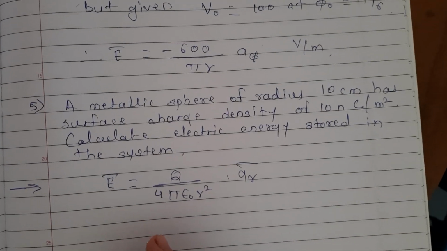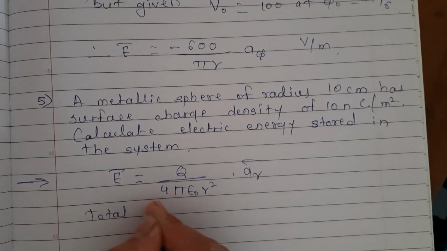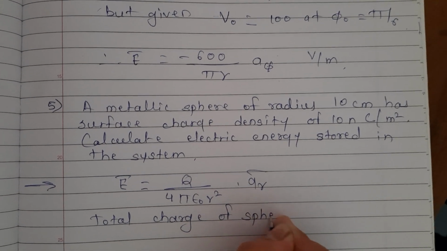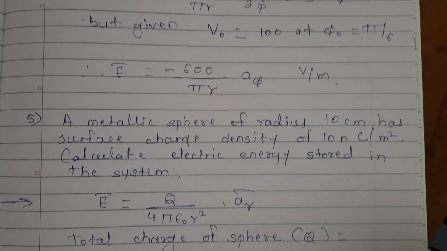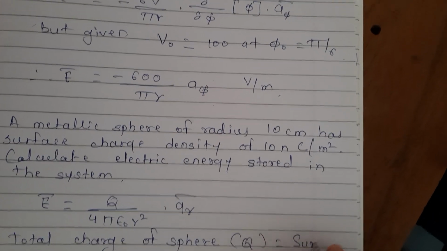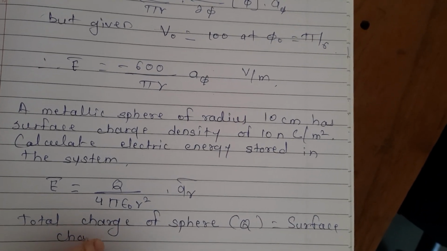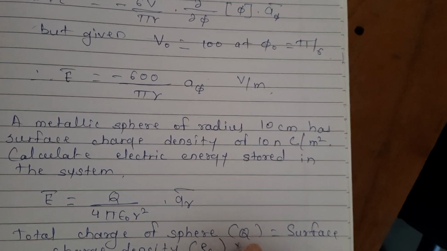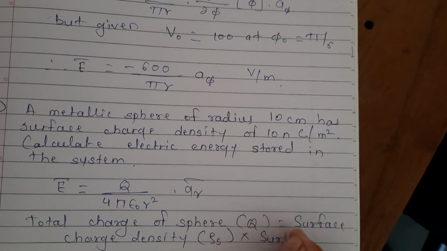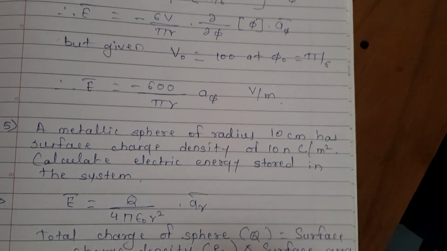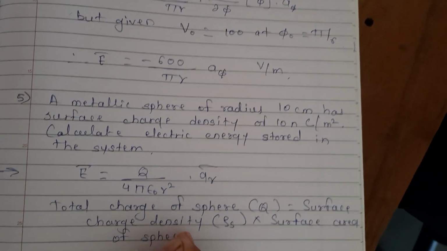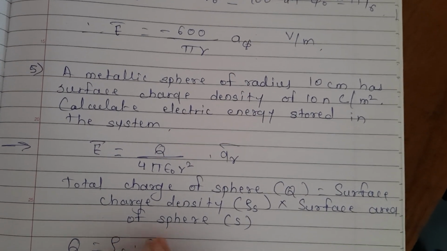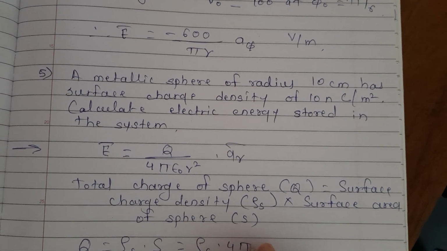Now the total charge, we write here, total charge of the sphere. The total charge of the sphere Q is equal to surface charge density rho S into the surface area of the sphere, that is S. So Q is equal to rho S into 4 pi R square.